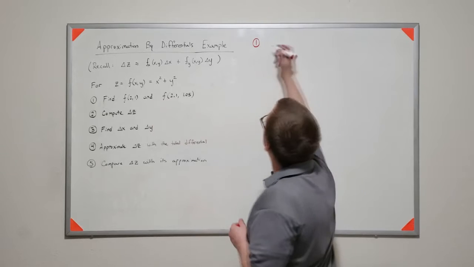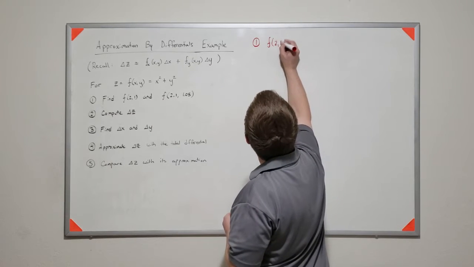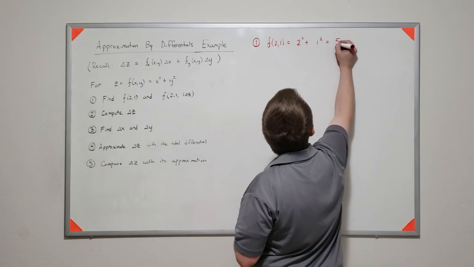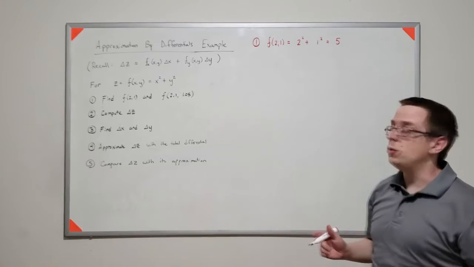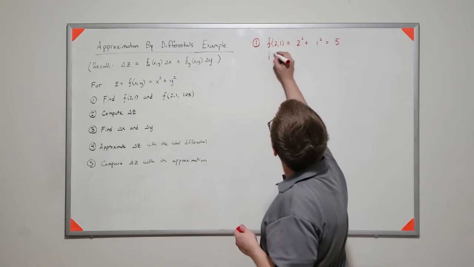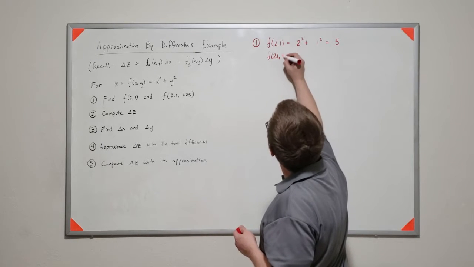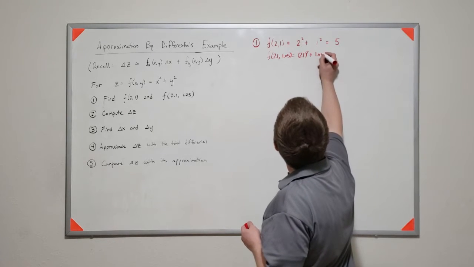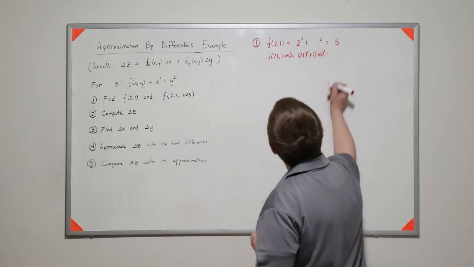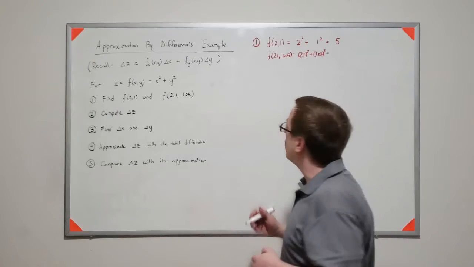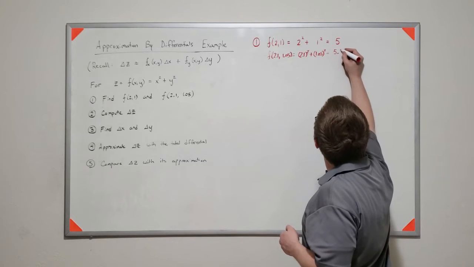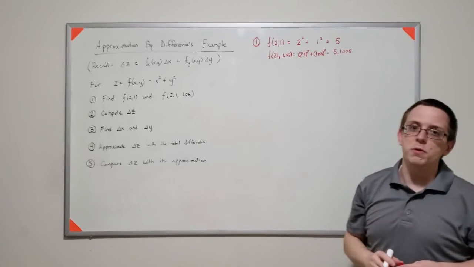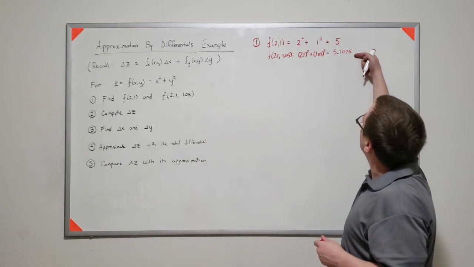So the first thing is finding f(2, 1). Not too bad. Then f(2.1, 1.05). Going to save you a little bit of effort here. That's 5.1025.